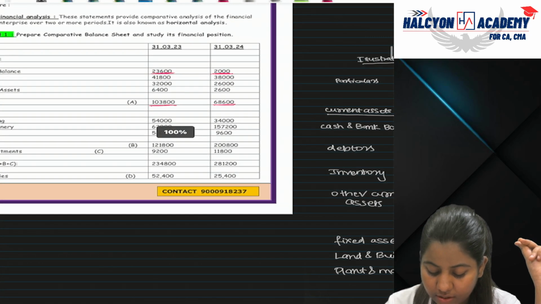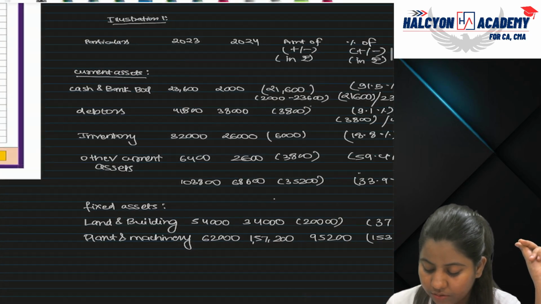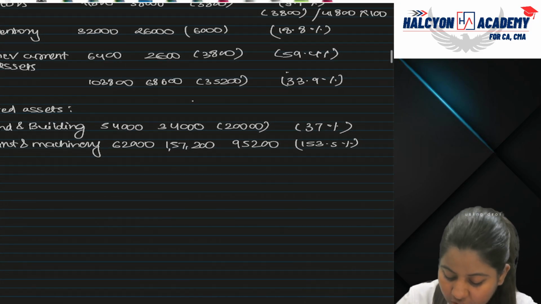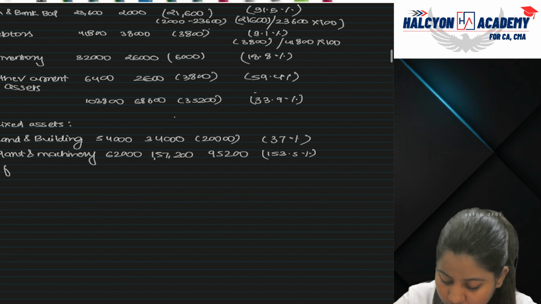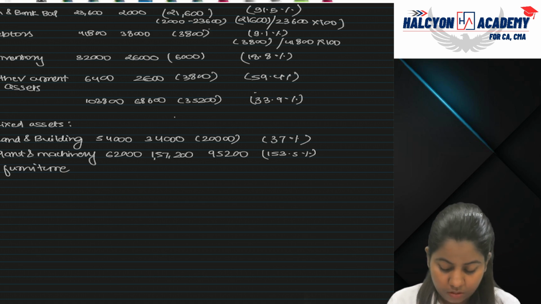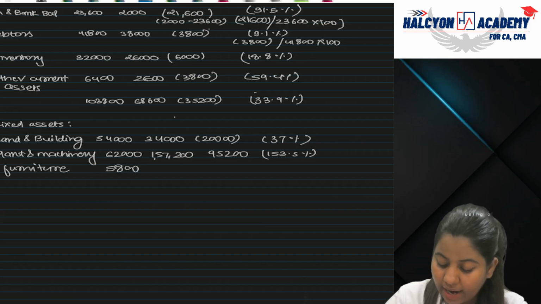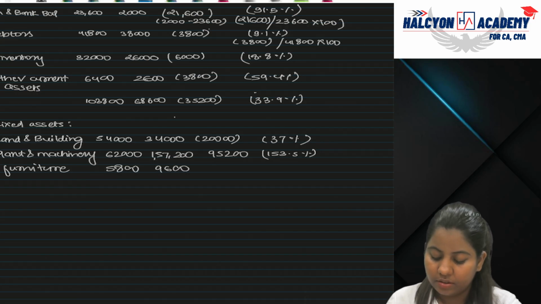Then the next one is furniture. Furniture is 5800 in previous year and 9600 in current year.